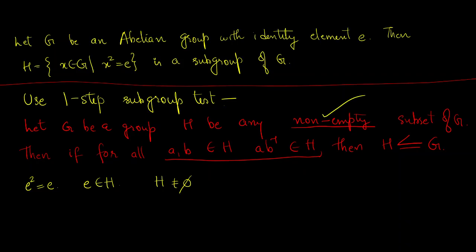Now let A and B be in H. That means A squared is equal to identity and B squared is also equal to identity.